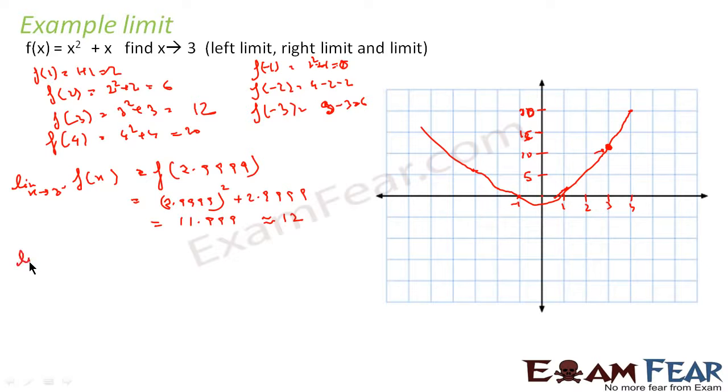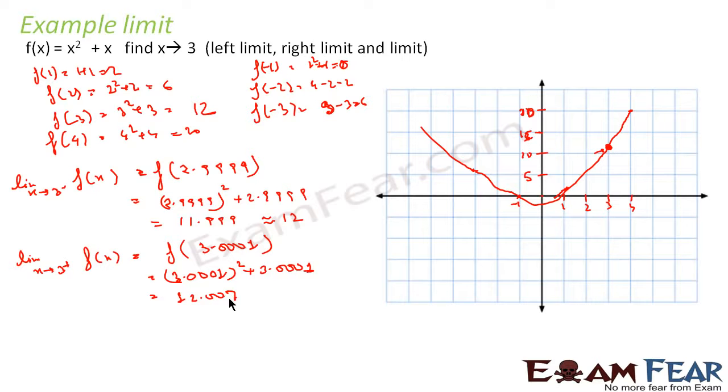Similarly, when you talk about limit of x tending to 3 plus, that is any number that is near to 3 and greater than 3 but not 3, so that is something of this sort, 3.0001. Correct? So this value is nothing but 3.0001 square plus 3.0001, and this value is of this form, 12.007, something of this form.